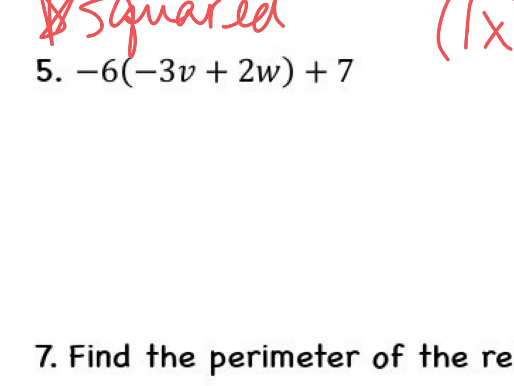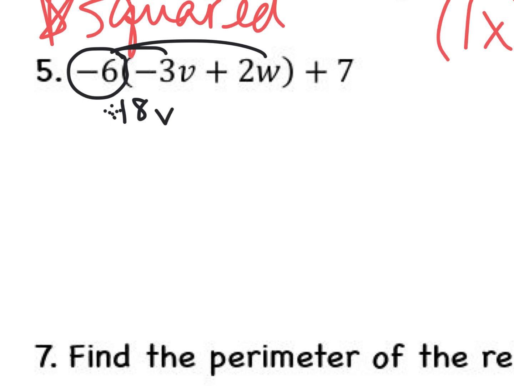So the negative 6 is in front of the parentheses, so that's going to multiply to the negative 6v and the positive 2w. And again, if drawing those lines helps you do that, then that's fine. A negative times a negative is a positive. And you can put that plus if you really want to. It's not required. Positive 18, and we're going to put that letter.